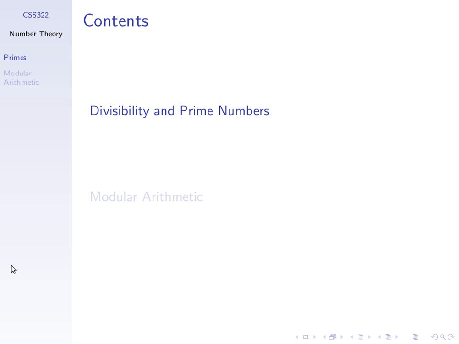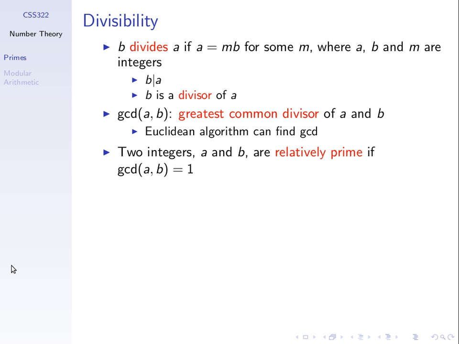First, let's look at basic concepts of divisibility and prime numbers, which I think you know about, just a refresher. We can say some number B divides some number A if A equals M times B, where M is some integer. In fact, A, B and M are all integers.